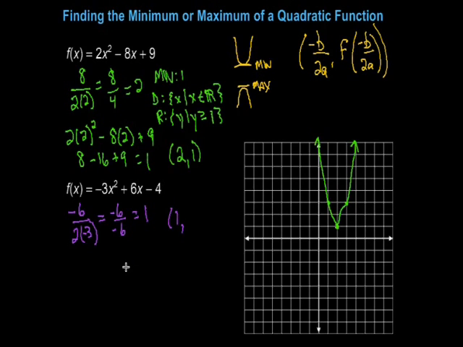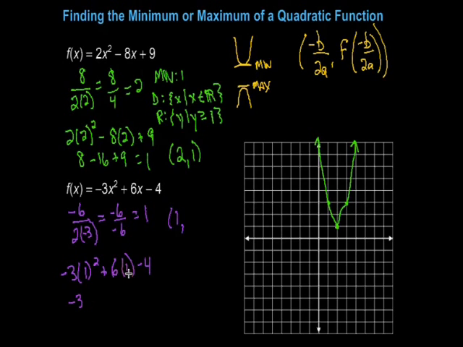Then, to find my y-coordinate, I'm going to go ahead and put that 1 in to my function and see what we get out. So, negative 3 times 1 squared plus 6 times 1 minus 4. Okay, 1 squared, well that's 1 times 1, which is still 1.